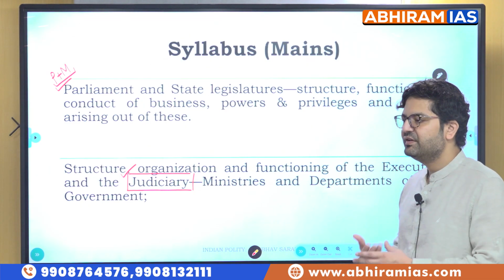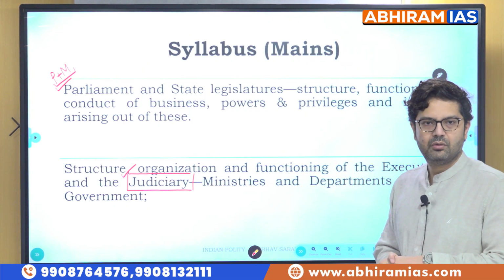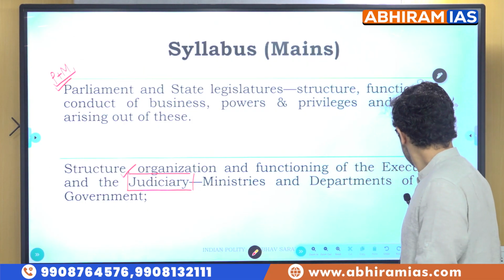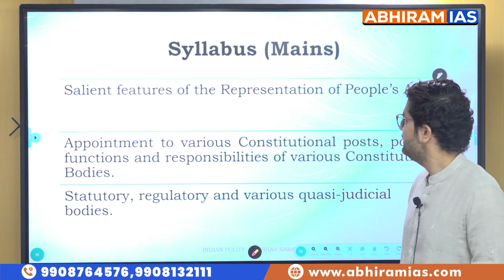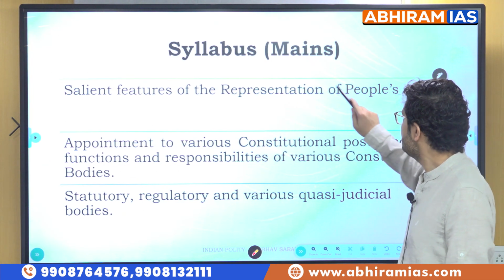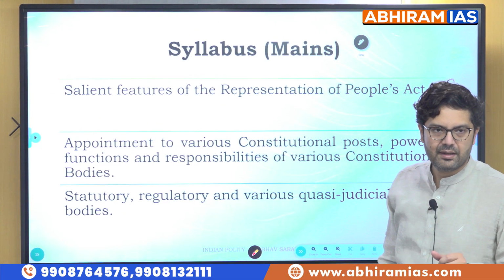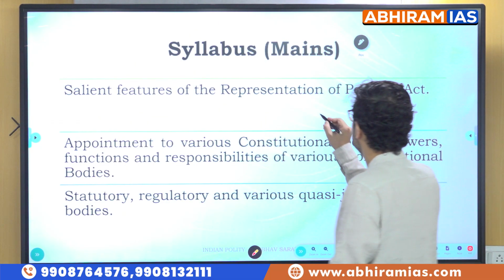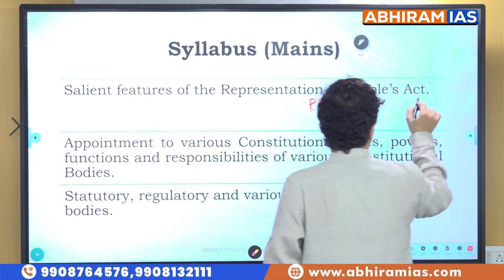Now, every 5 years, we have elections in our country. I hope you're aware. To govern the election process, there are 2 laws in the country. Representation of People's Act, popularly called RPA. Okay. This law is called RPA. So there are 2 laws.